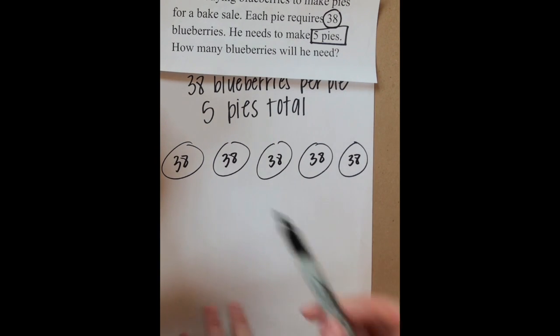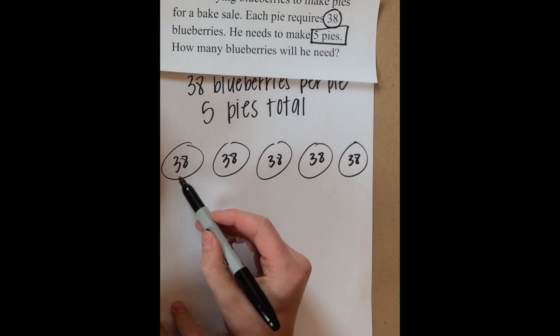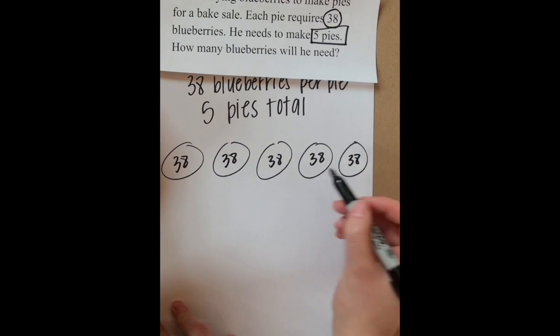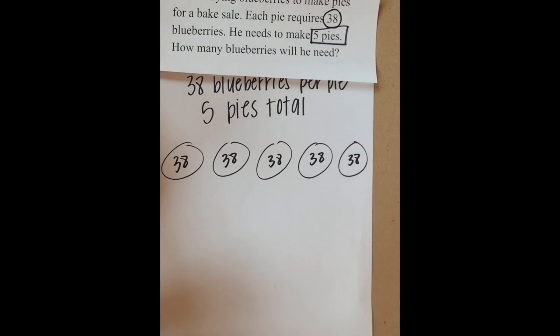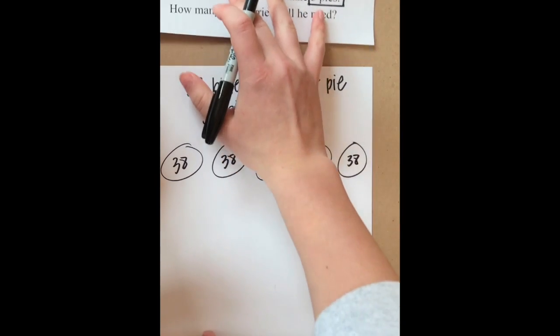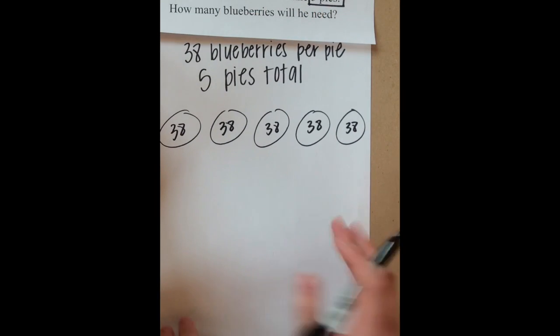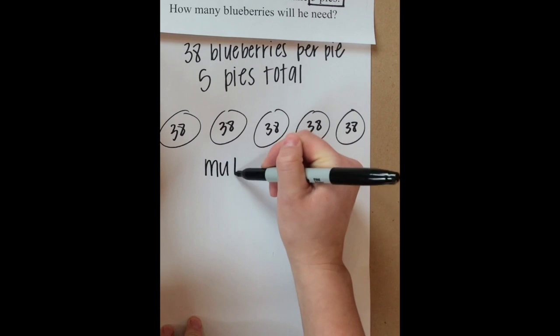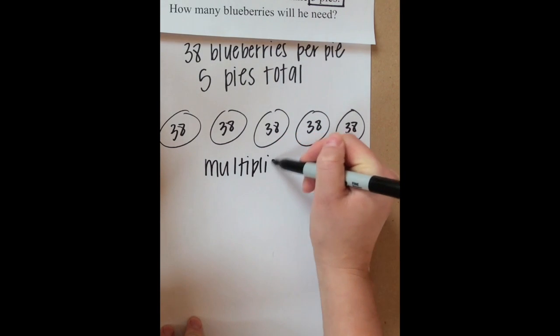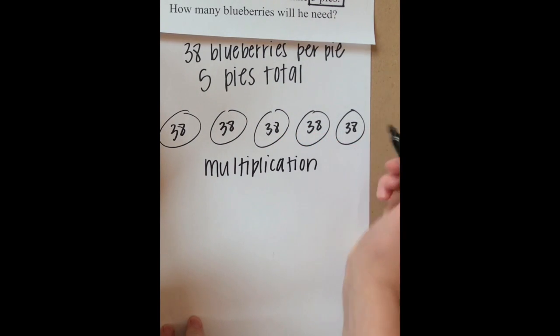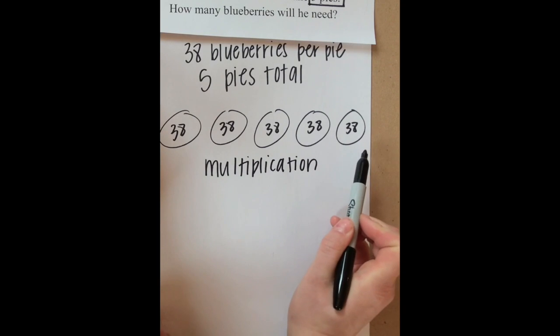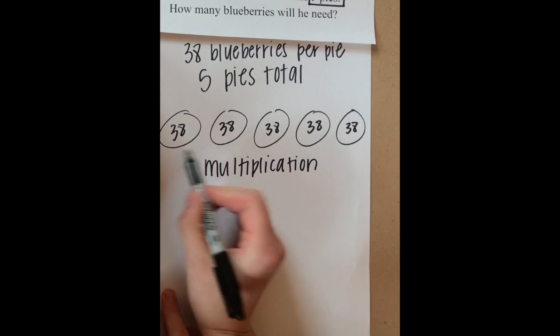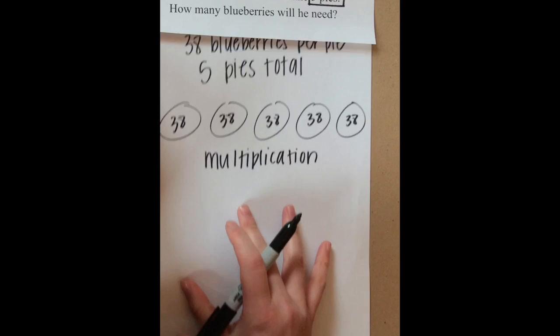So we have 5 groups of 38. We could add up 38 plus 38 plus 38 plus 38 plus 38, but instead, to make it more efficient, we will use multiplication. This is because we have 5 groups of 38, and we need to figure out the total when added all together.